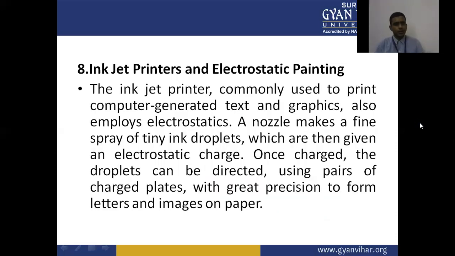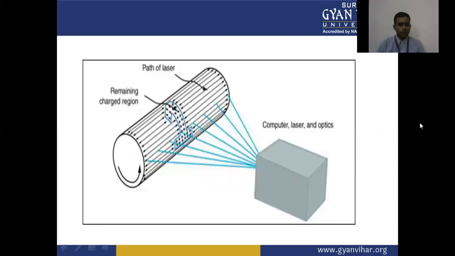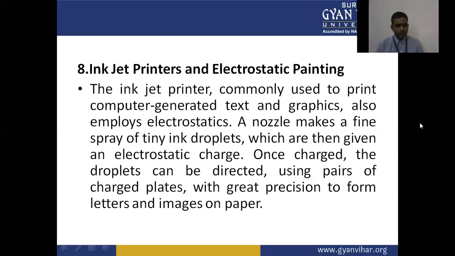Next application is inkjet printers. This is our laser printer, showing how the printing is developed by laser. Next is the inkjet printer and electrostatic printing. An inkjet printer, commonly used to print computer generated text and graphics, also applies electrostatics theory.